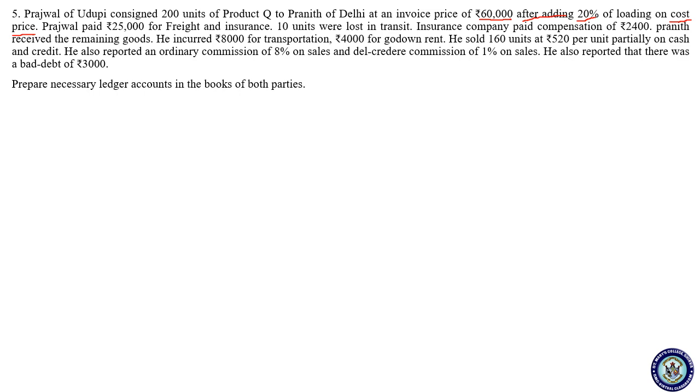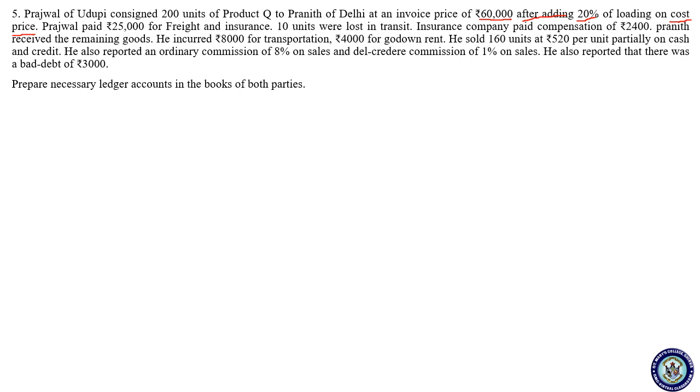Now, the invoice price is taken to value the closing stock, but if there is any abnormal loss, then you have to value it on the basis of cost price, right? So you have to calculate the cost price. They have given the invoice price. See, in the previous problems, like problems number 3 and 4, the goods were consigned at cost itself, so we didn't have any problem with the invoice cost and the figures.